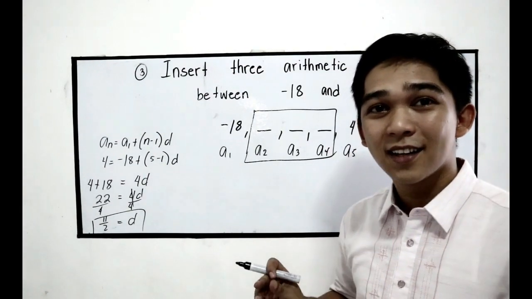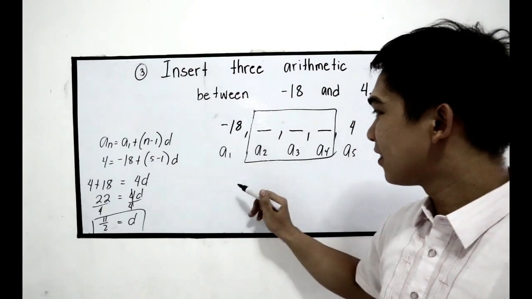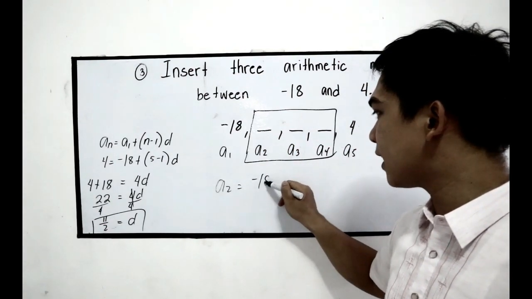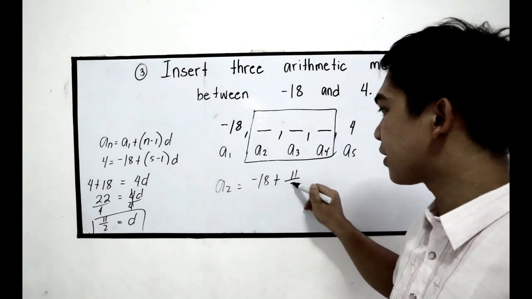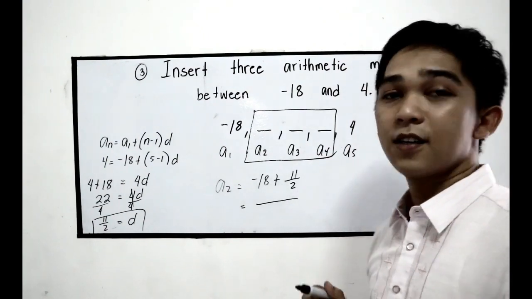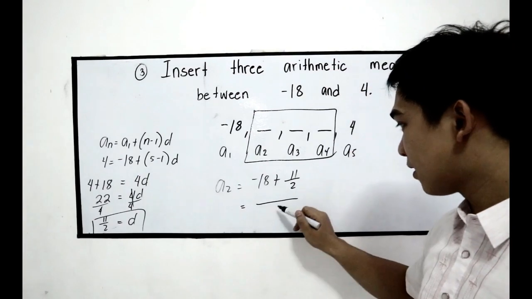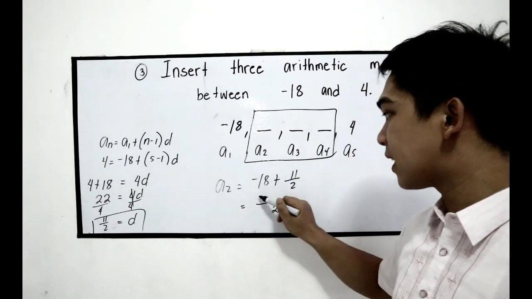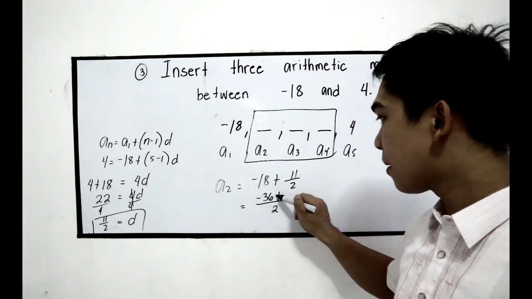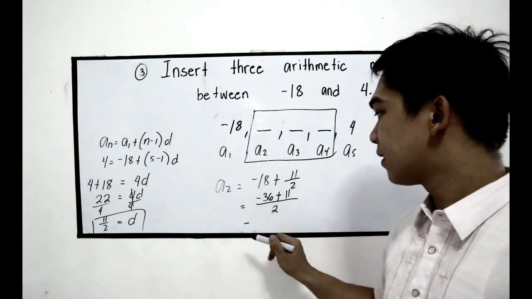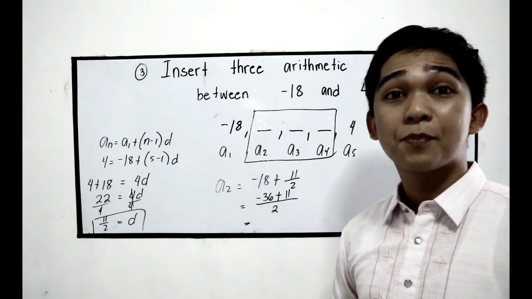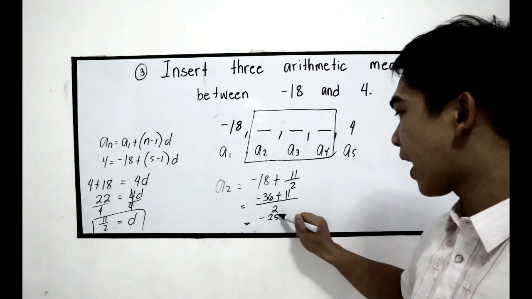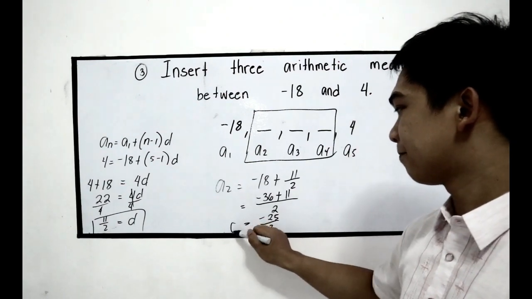Medyo tricky siya. So i-add natin dito. So a2 is equal to negative 18 plus 11 over 2. Sagot natin, copy denominator, then 2 times negative 18, negative 36 plus 11. Negative 36 plus 11, that is negative 25 over 2.